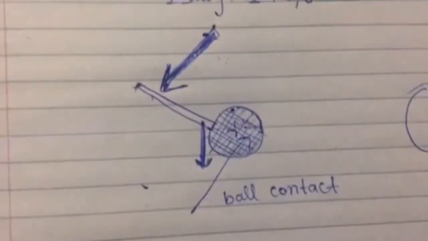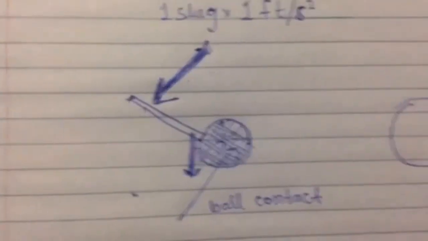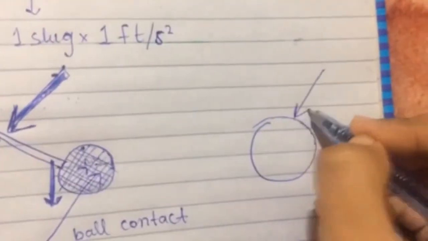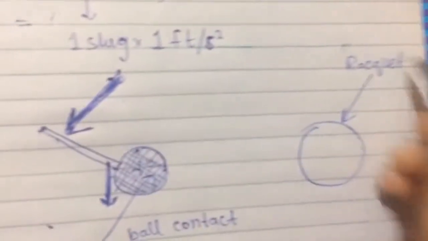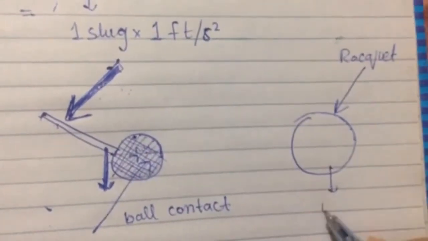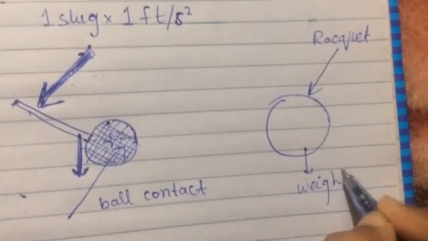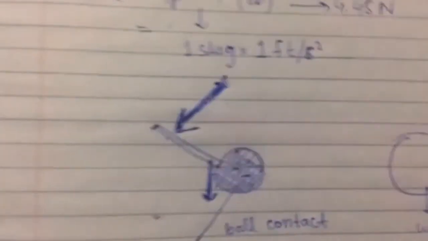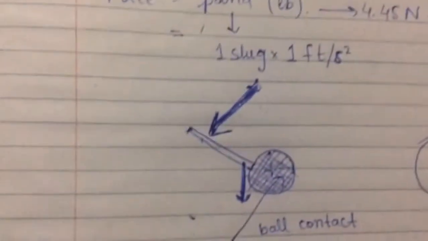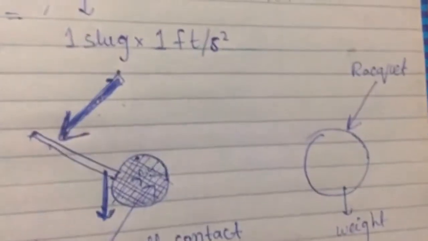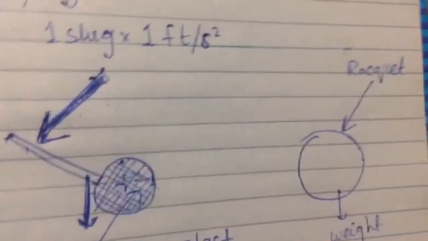In the first example the body of interest was the racket, but in this one we have taken the ball. The first force is the racket applied on the ball, and the other is weight.